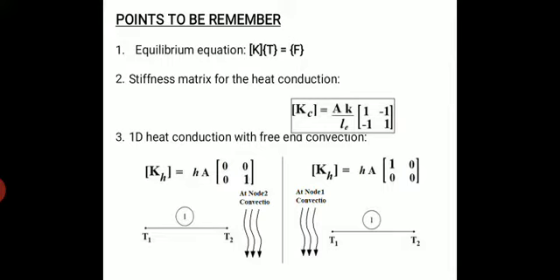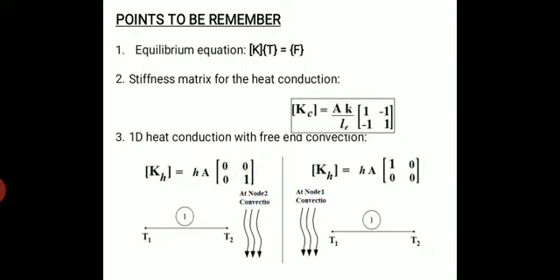For the convection, the stiffness matrix is going to change. I have given the diagram here. If I consider one element with two nodes T1 and T2, and the convection is happening at node 2, then in the convection formula, K = hA [0 0; 0 1], because convection is happening at node 2, the entry 2,2 gets the value 1.